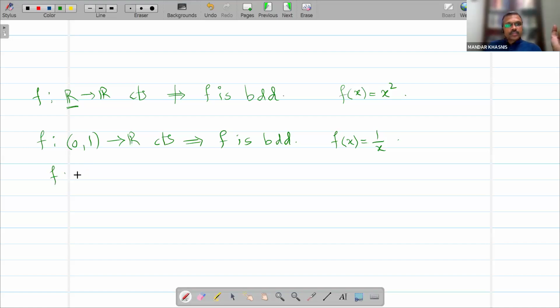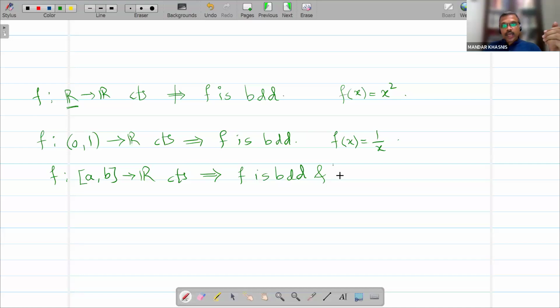Whereas if we put a restriction that I am talking about a closed and bounded interval to R and the function is continuous, then this implies f is bounded. And in fact, because of such a strong restriction, closed and bounded, it not only gives us boundedness, but it also gives us the attainment of the maximum and minimum.